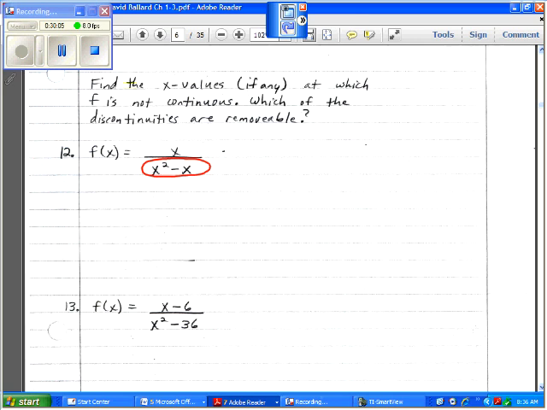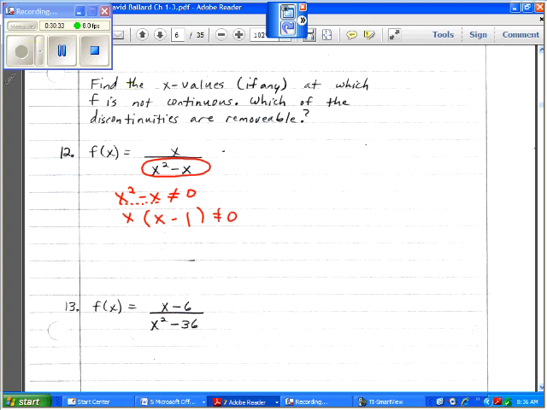A division by zero error. So we would say, okay, x squared minus x cannot be 0. If we factored out an x, there's a common factor x in those, then you would have x times x minus 1 cannot be 0.